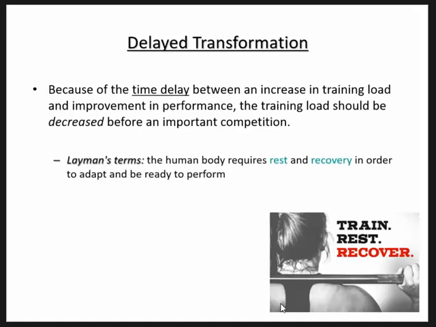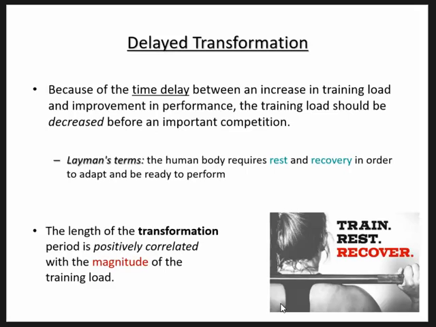In layman's terms, what does this mean? The human body has to have rest in a recovery period in order to adapt and be ready for performance. That transformation period is correlated with the magnitude or the intensity of the training load. So the greater the intensity, the longer the rest period needed in order to see that performance accumulate.